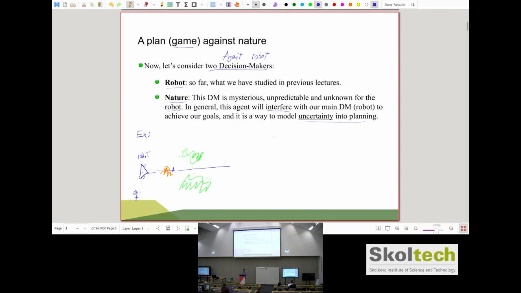The world is uncertain, by the way. Another more abstract example: imagine you are now in Moscow, November, and your decision making is, should I take the umbrella or not? Then you need to think, okay, it doesn't look very good. Maybe there's going to be rain, maybe not.